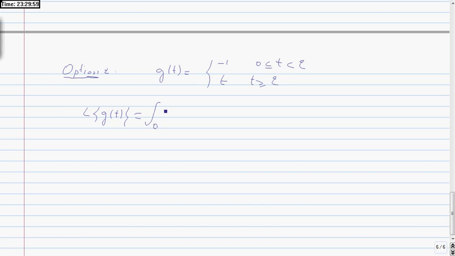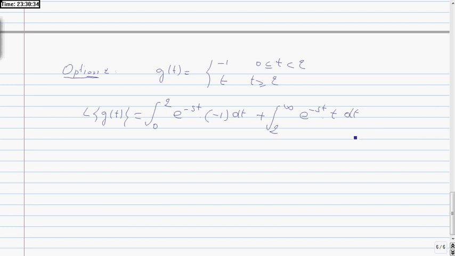The integral between 0 and 2, exponential minus st. On this interval, g of t is -1, so we just write -1 dt. And then plus the integral between 2 and infinity, exponential minus st times t dt. So by integration by parts, and integrating this part, we can find the Laplace transform, and we obtain exactly the same result as for the first method.